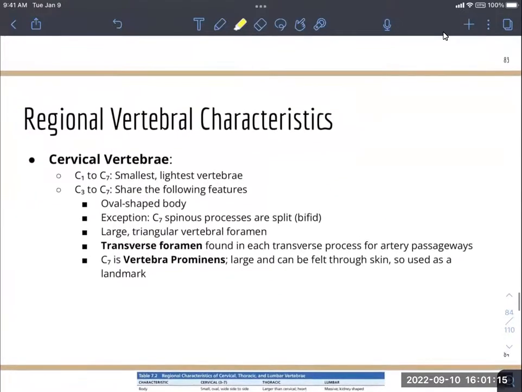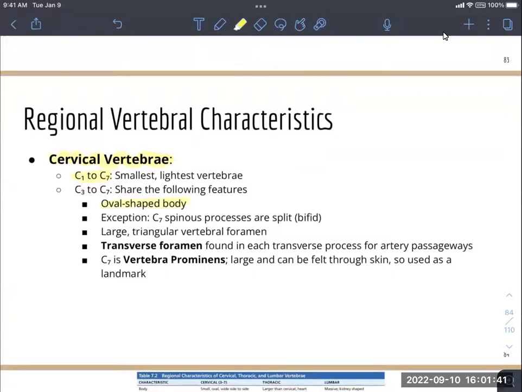So let's look at the specific characteristics in the regions. Cervical vertebrae. As we said, there's 7 of them. They are the smallest out of all of the vertebrae in the spine. Being able to determine cervical, thoracic, and lumbar vertebrae is important.